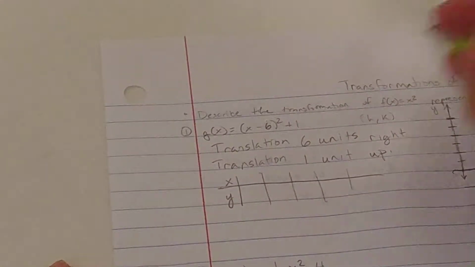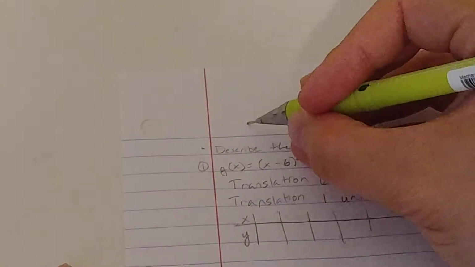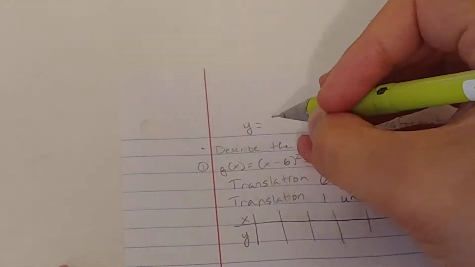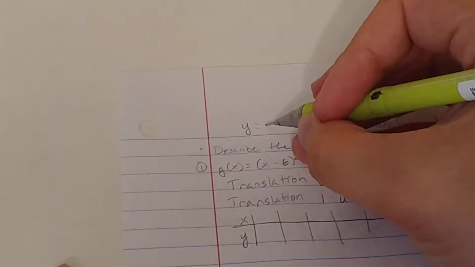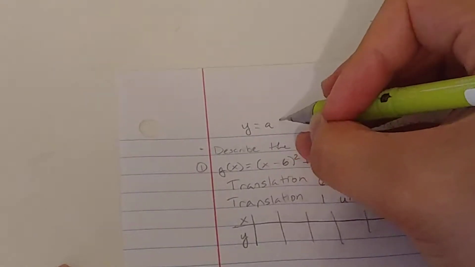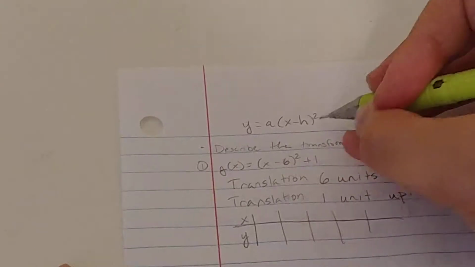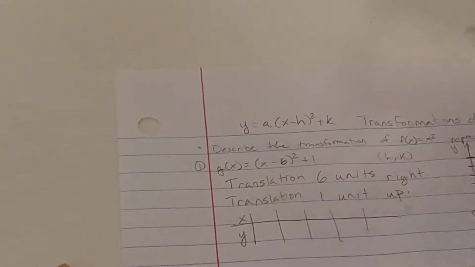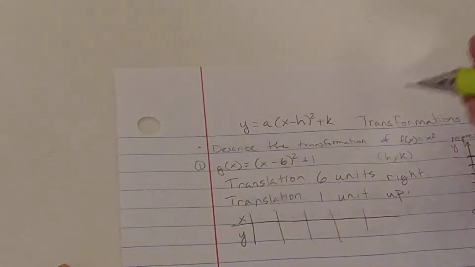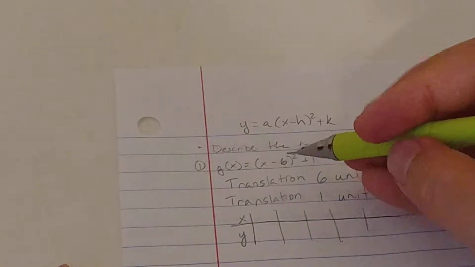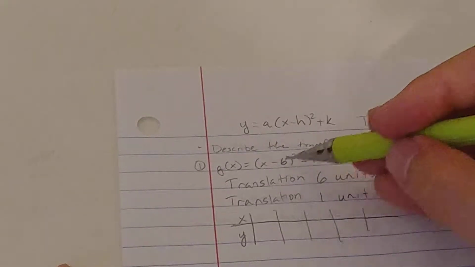I should have left space, but remember the general form of quadratics is y equals a times quantity x minus h squared plus k. So whatever you're adding or subtracting to the x, that's your h.